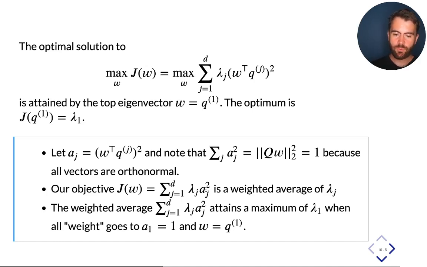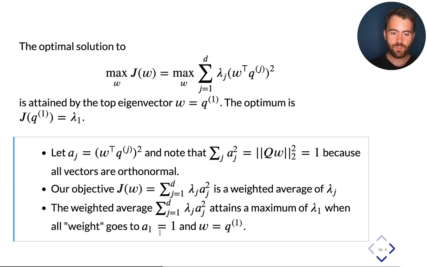And so because we have this weighted average, it's maximized and attains its maximum of lambda 1, which is the largest possible eigenvalue, when all the weight goes to a1. So when a1 equals 1 and all the other a's equal 0, this value attains its maximum possible value of lambda 1.